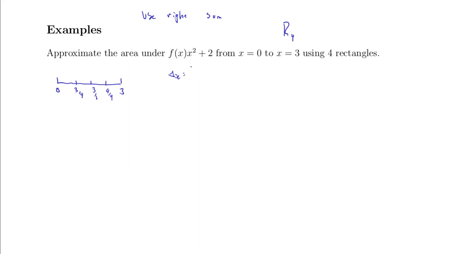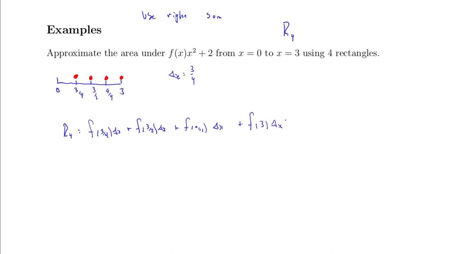Delta x is again 3/4. That part is all the same. But now, instead, we use the rightmost x values. So, go ahead and write this out. And I'll give you a little nice tidbit to see once I've got this written. Because we don't have to do all of this over.